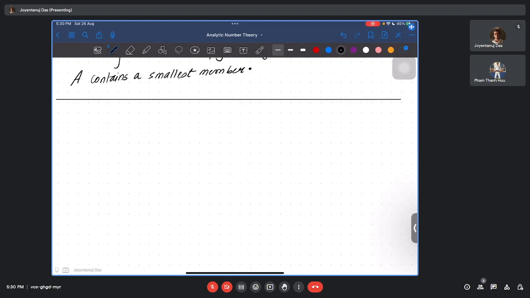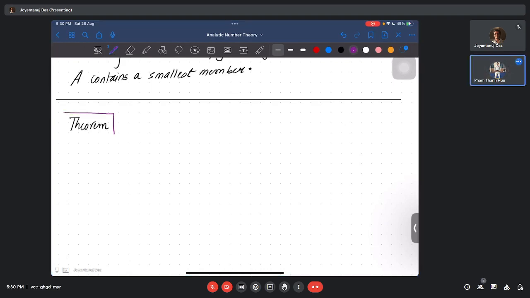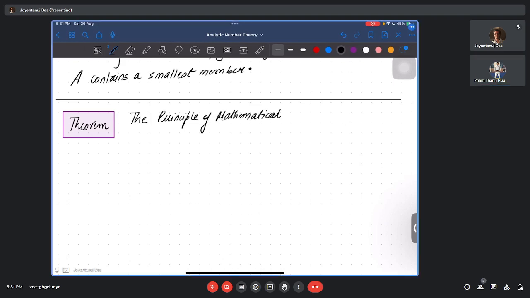So the principle of mathematical induction, we can state it as a theorem. The principle of mathematical induction holds if and only if the well ordering principle holds.